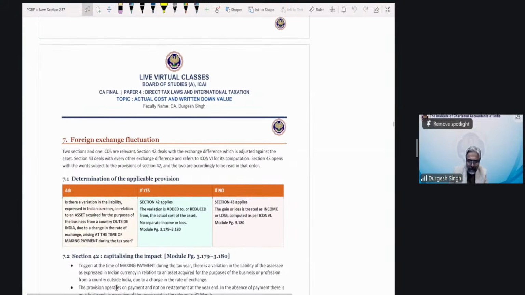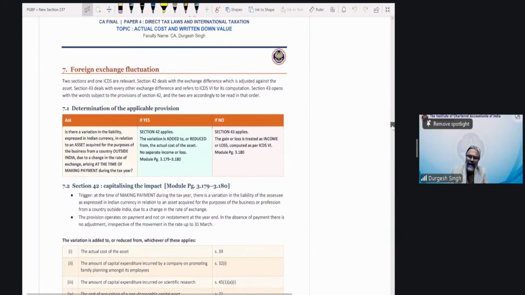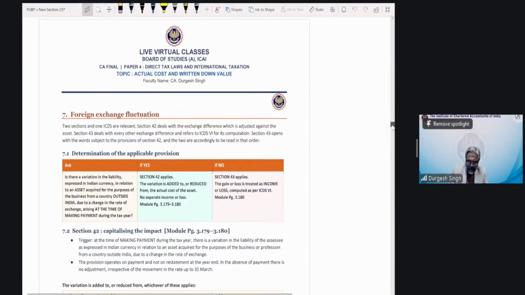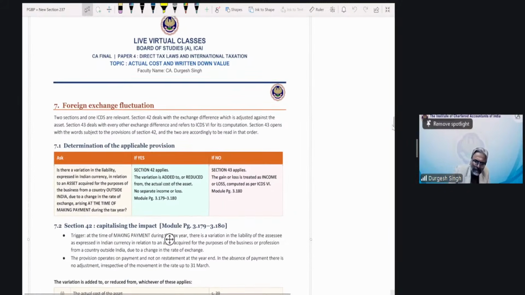Students, over here there are two sections first, before we move to ICDS number 6. I think I already asked you this question earlier, but it is better to reconfirm.